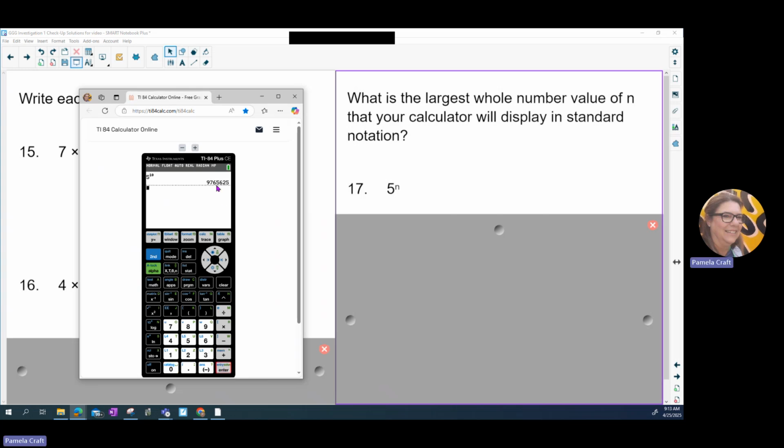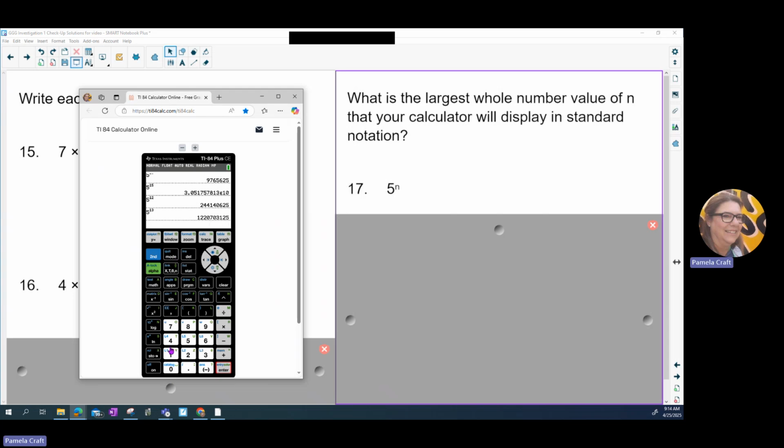And we're not at scientific notation yet, so I'm going to guess a number bigger than 10. I'm going to go to 15. We are definitely at scientific notation here, so it's going to be between 10 and 15. So let's guess 12. No scientific notation yet. So let's guess 13.